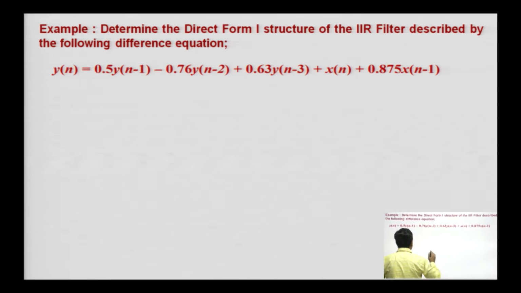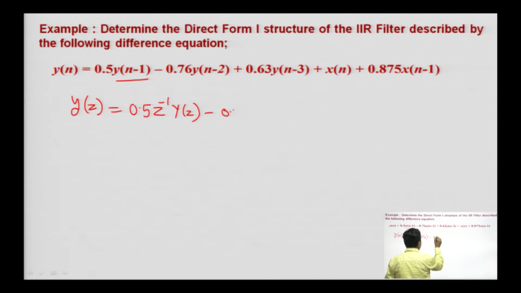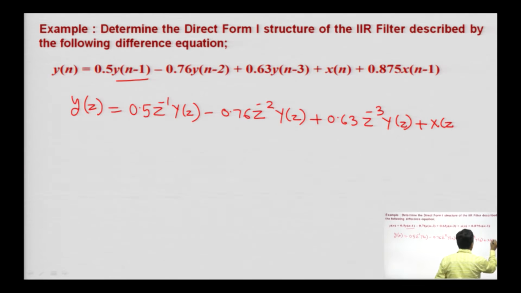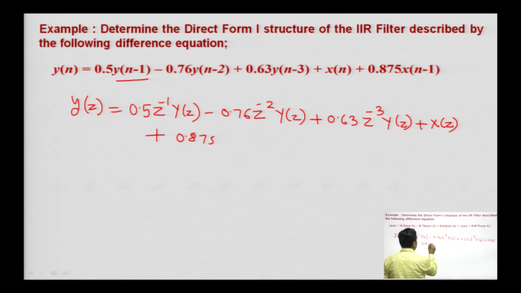If you take the Z transform of y of n, it will be y of z is equal to 0.5 z to the power minus 1 into y of z minus 0.76 z to the power minus 2 into y of z plus 0.63 z to the power minus 3 into y of z plus x of z plus 0.875 z to the power minus 1 into x of z.